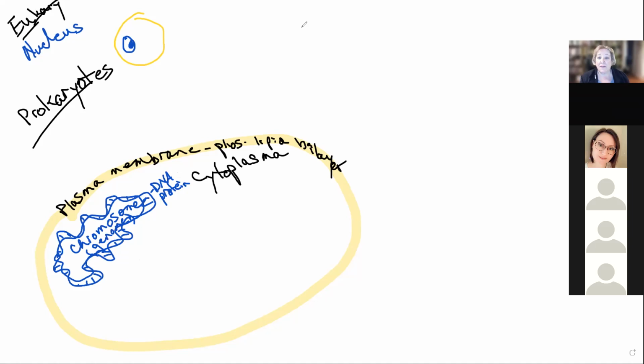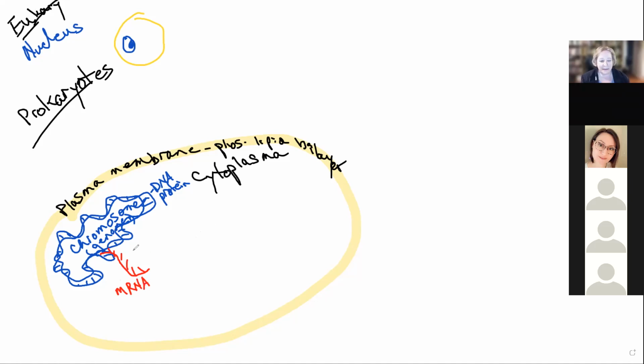All right, so we also have RNA in a cell. Give me 3 types of RNA. mRNA, rRNA, and tRNA. Very good. Let's start with mRNA. It's messenger, right? Yes, we have messenger RNA. And what does messenger RNA do?